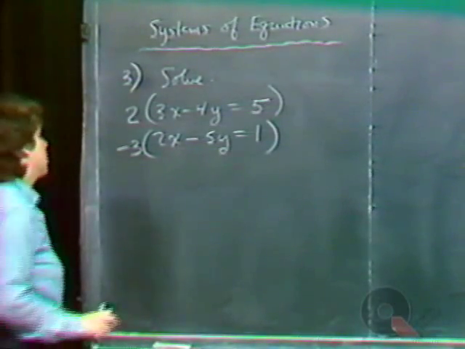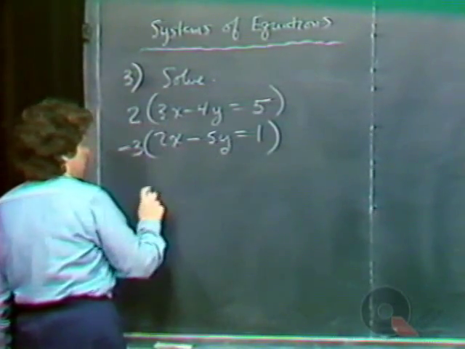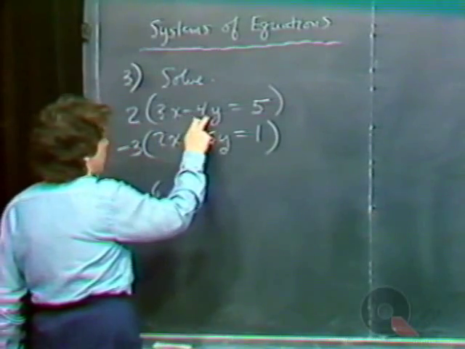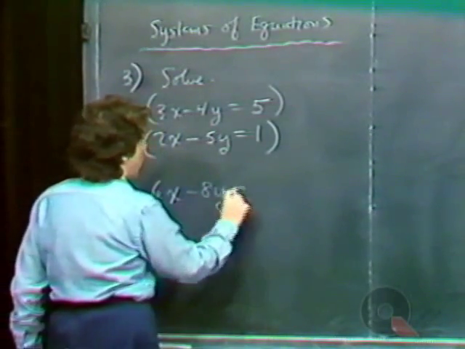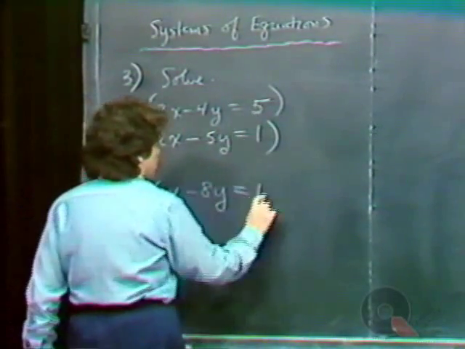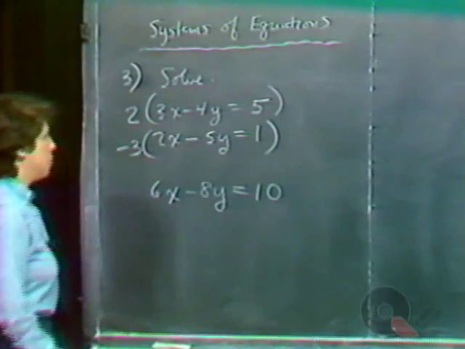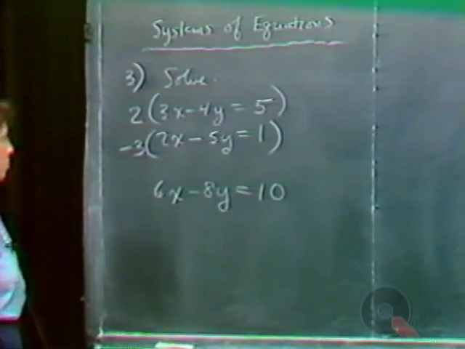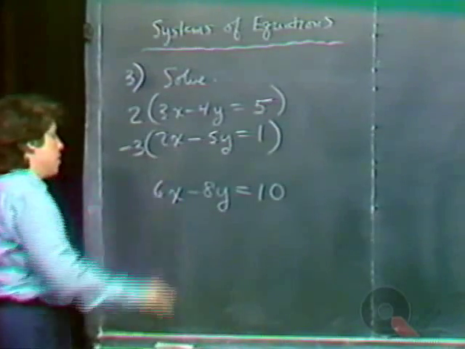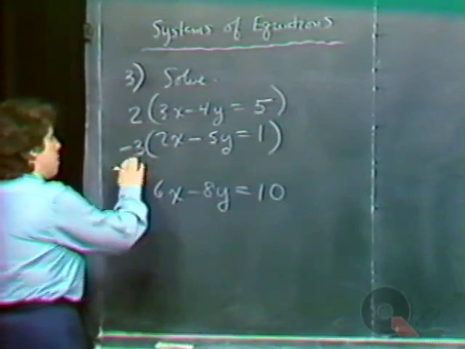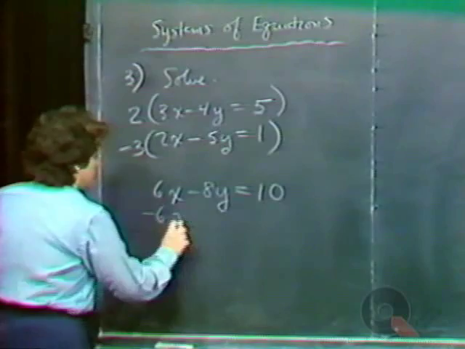Let's see what happens. 2 times 3x, that's 6x. 2 times minus 4y is minus 8y, equals 2 times 5, which is 10. I multiplied both sides of the top equation by 2. Now let's multiply both sides of the bottom equation by minus 3. Minus 3 times 2x is minus 6x.